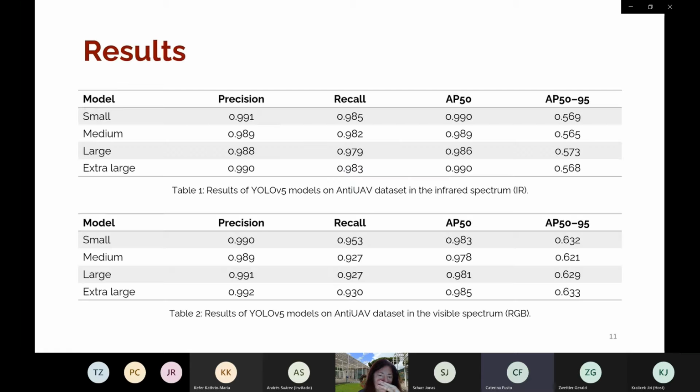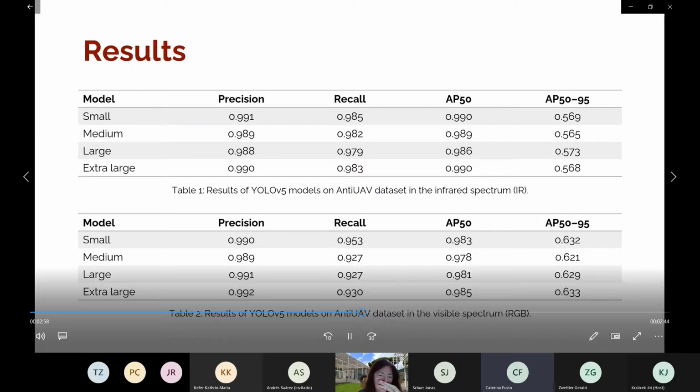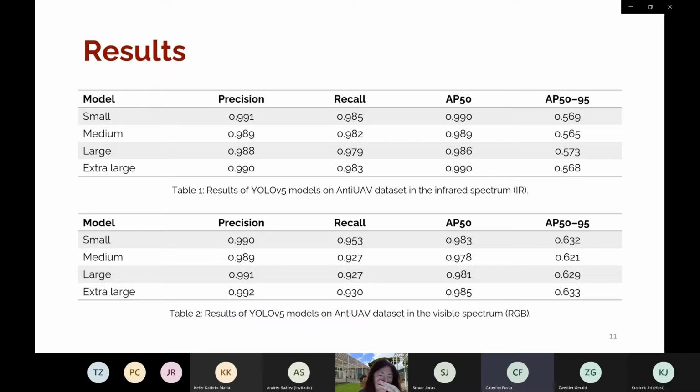Results. In Table 1, you can see the performance of the YOLOv5 models on the infrared videos, and in Table 2, the performance on the RGB videos. From the results, we can clearly see that even the smallest size of YOLOv5 provides enough capacity to detect drones in both infrared and RGB videos.